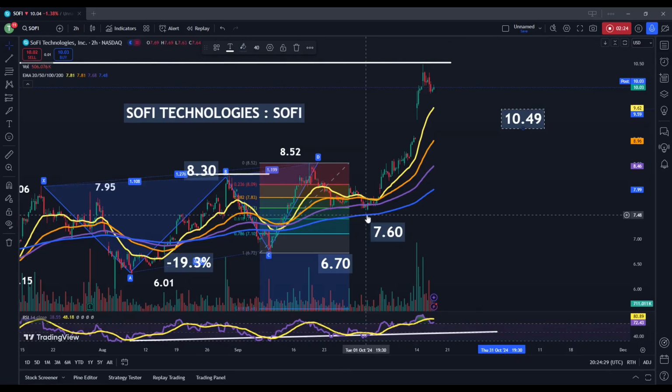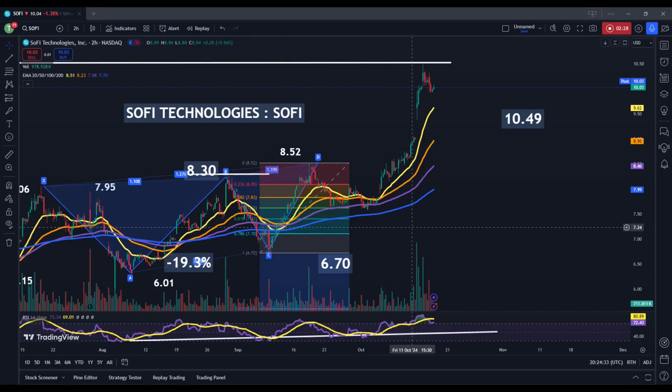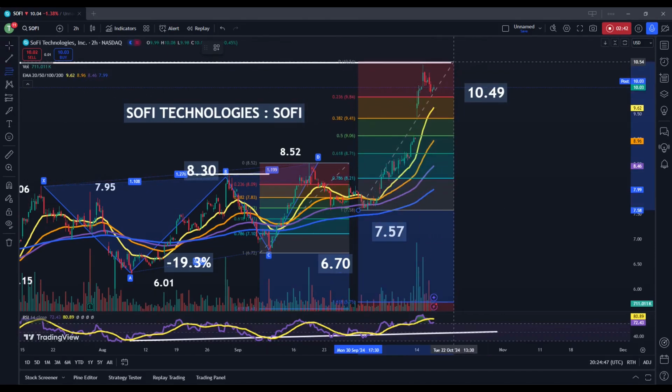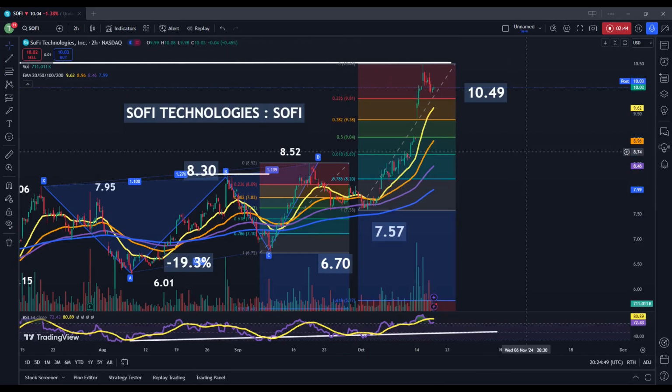It's actually 7.57, it looks like. Okay, so we can just change this here. So we're going to be looking at the trend wave from 7.57 to this near-term price high coming in at 10.49. So what we're going to do is Fibonacci analysis of this trend wave movement.